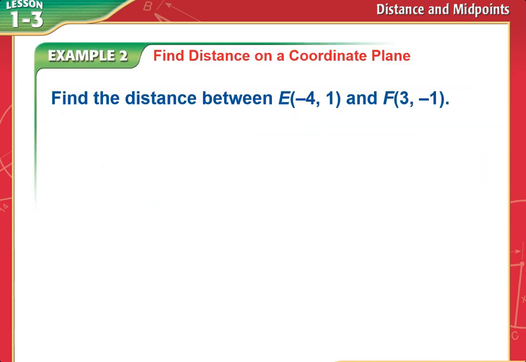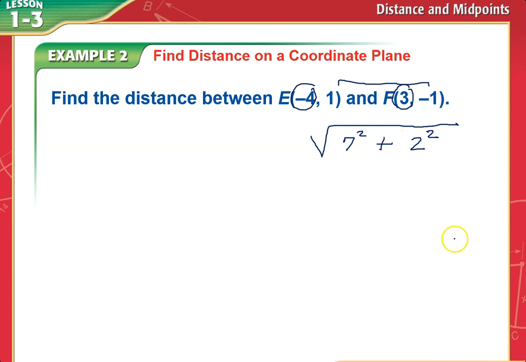So we'll find the distance between -4, 1 and 3, -1. So what we're going to do is we're going to set up our square root, and we're going to look for the difference between a -4 and a 3. Well, the difference between those two is 7. They are 7 apart. And so we're going to take 7 and we're going to square it. And then the 1 and the -1, those are 2 apart. So we're going to take those and we're going to square the 2.